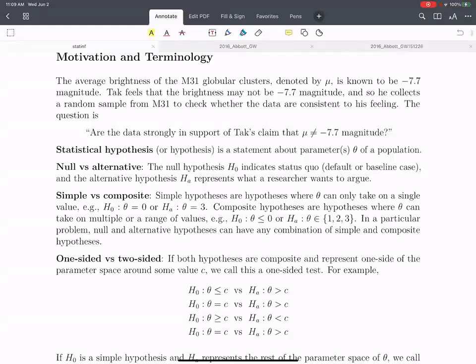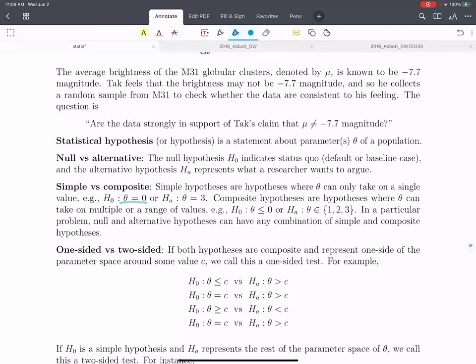Simple and composite hypotheses. A simple hypothesis only specifies a single number for each parameter. For example, theta equal to 0, definitely one value. And an alternative that also says theta is 3. So these are simple hypotheses. But a composite hypothesis allows multiple values of the parameter or some range of values.